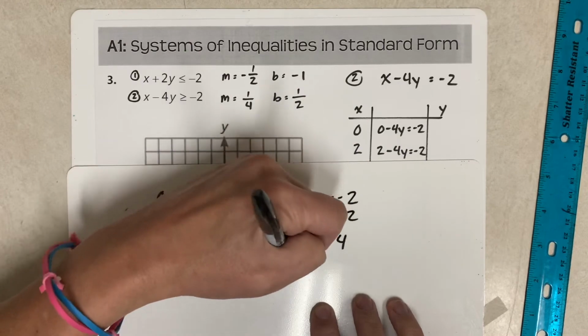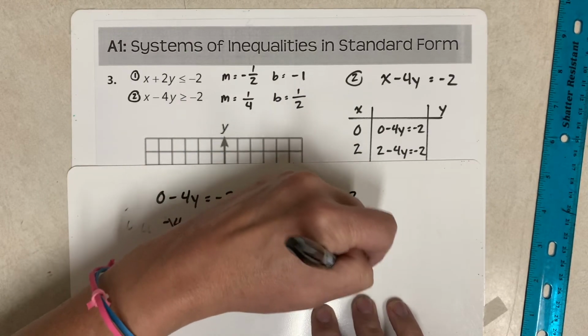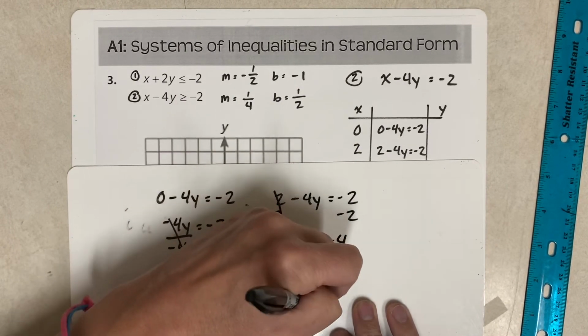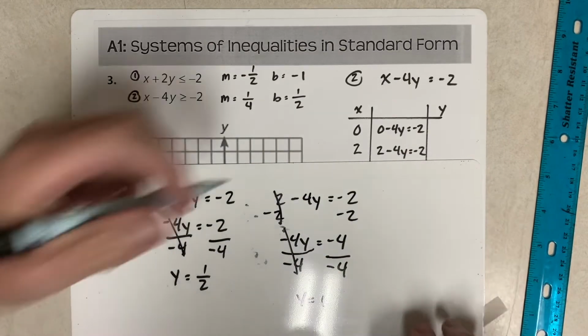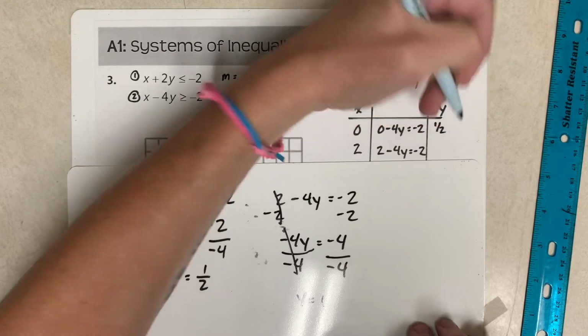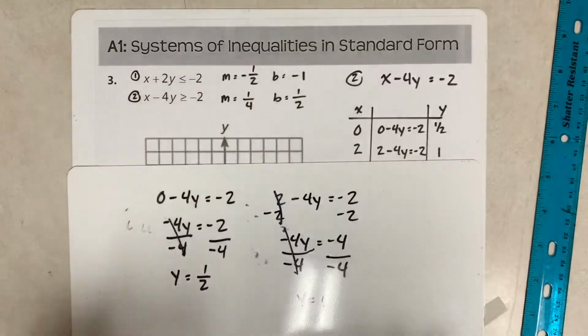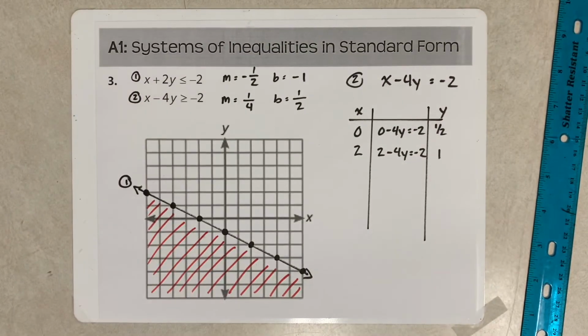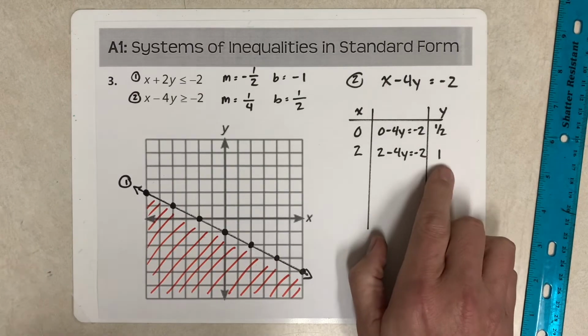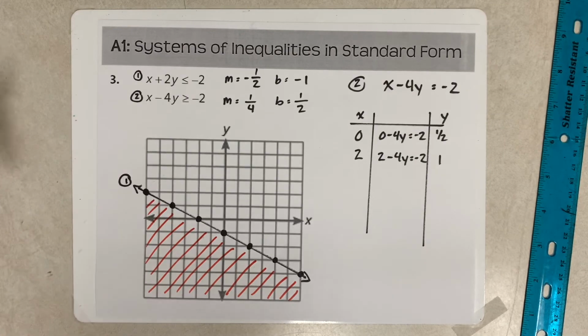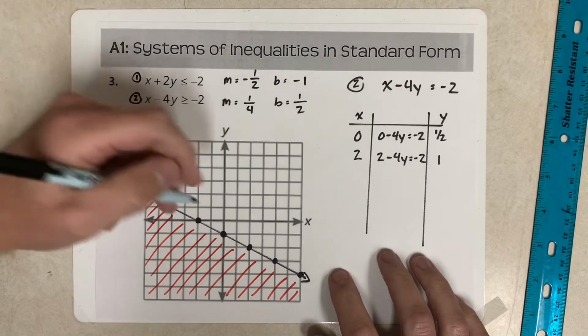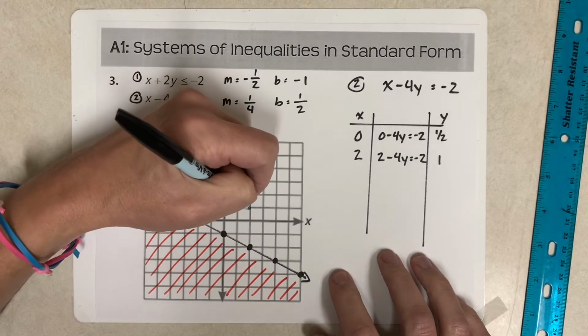And it looks like now, if I divide by -4, y is equal to 1. So it looks like when x is 2, my y value is 1. So what that tells me is the ordered pair (2, 1) is on this boundary line, and that's exactly what I needed. I needed a point on the boundary line. So (2, 1) is on there.